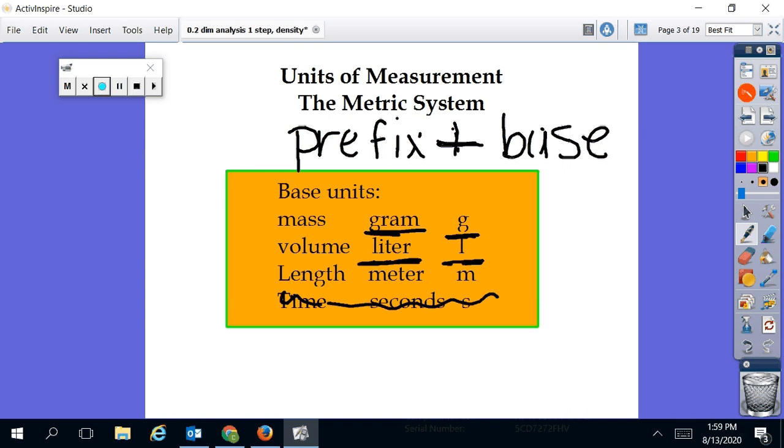If you're measuring length, the base unit is meter, and that unit is little m. And you've got to know by heart these three base units especially, as well as their symbols, g, l, and m.